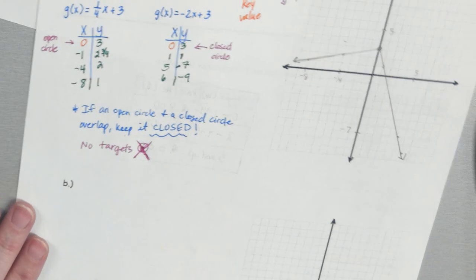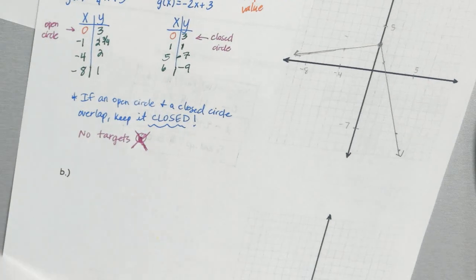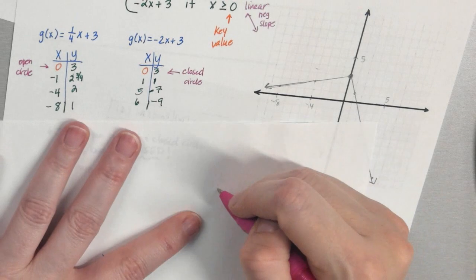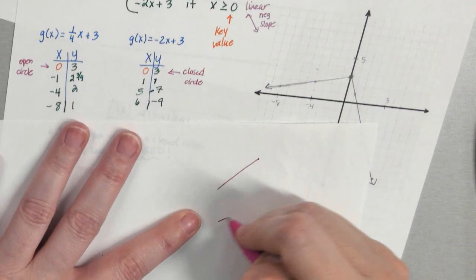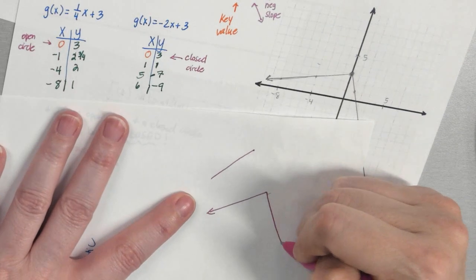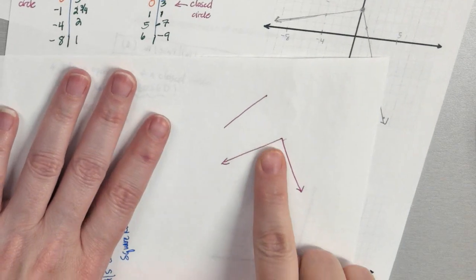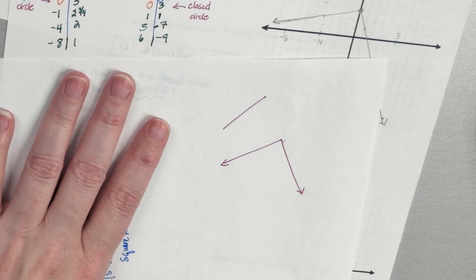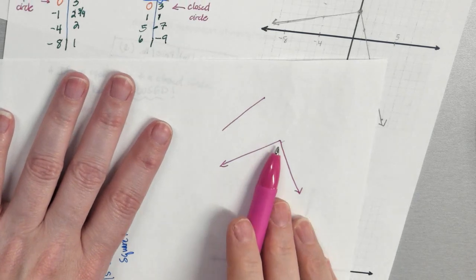And then the other thing I was going to tell you is when you see this in your textbook, it would look like this. Sorry. I want to get the slope right. It would look like this. Like you would not see a point there. Because remember, points don't take up any space. So when you see them on a graph in your textbook, you won't see a point.